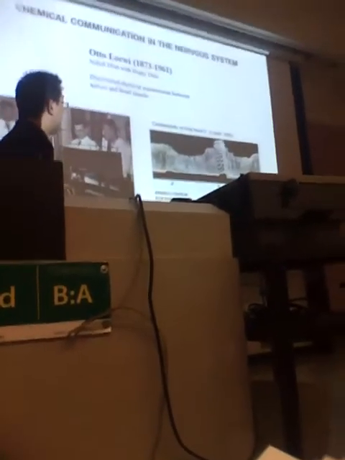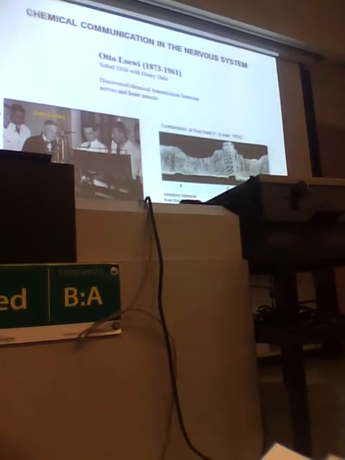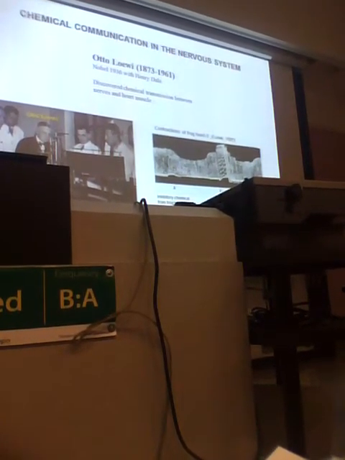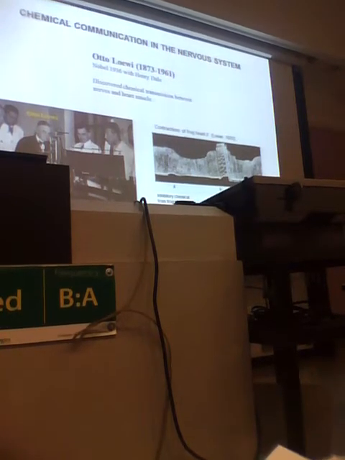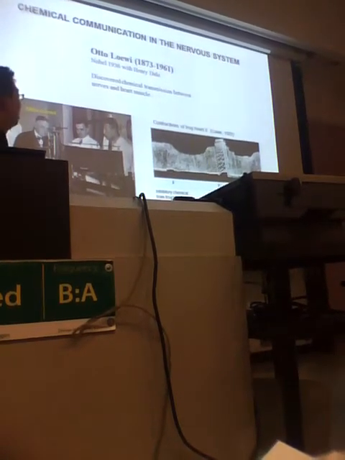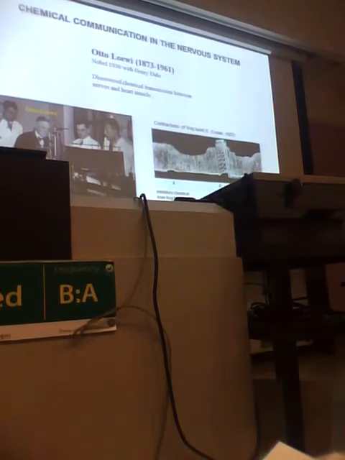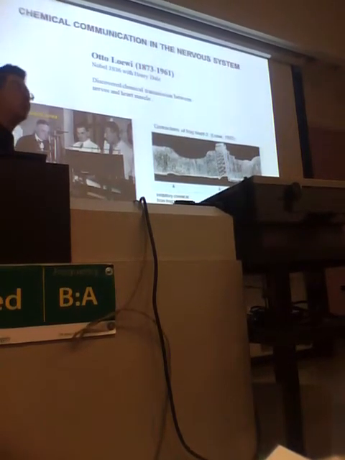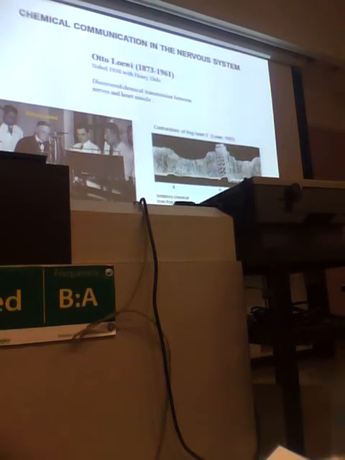Okay? He then activated the sympathetic nerves to that heart, frog heart 1, and collected the secretion from that nerve. He didn't know what the secretions were at the time. He collected that secretion and perfused the second heart with the sympathetic secretion.